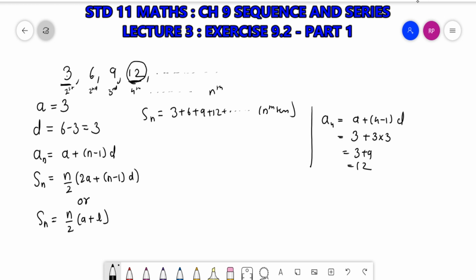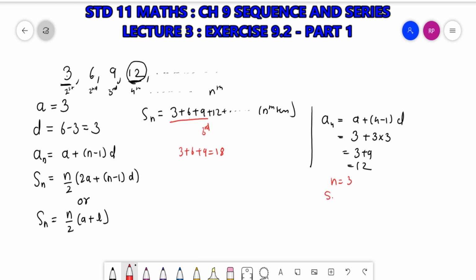Let's take an example. If I want to take Sn equal to 3 plus 6 plus 9, here 9 is the third term, so n will be equal to 3. We know that 3 plus 6 plus 9 equals 18. So let's check with the formula.